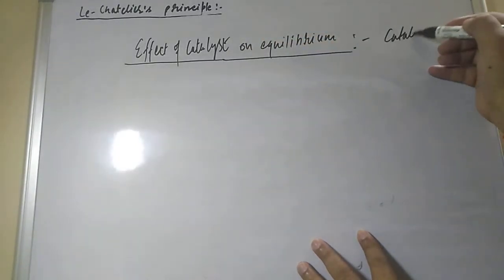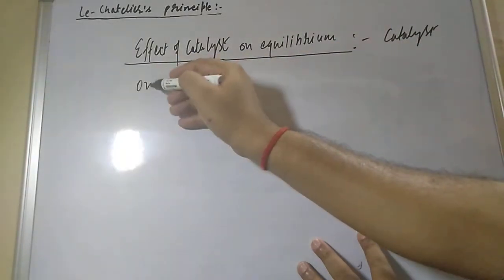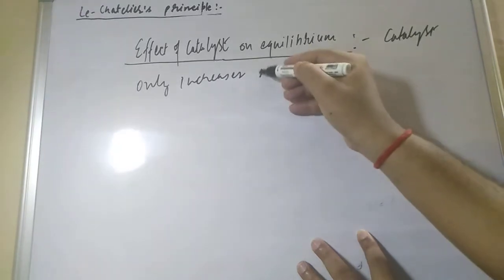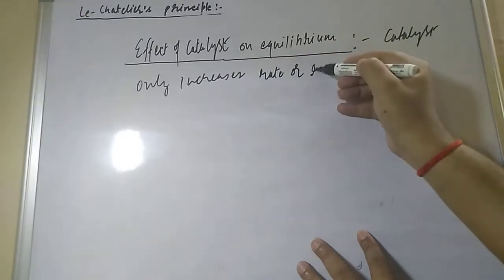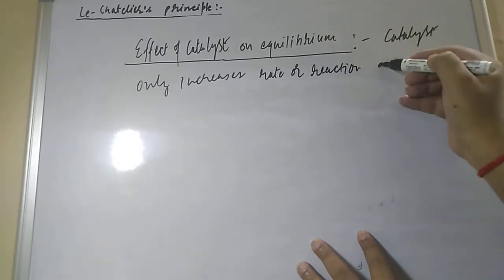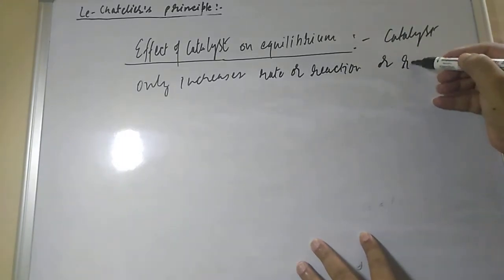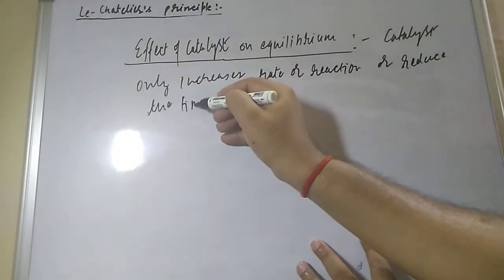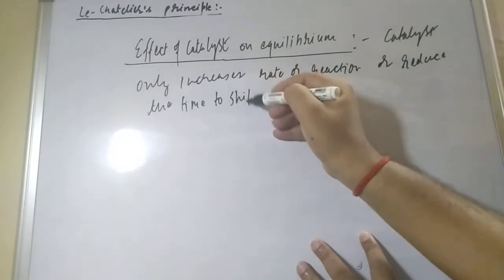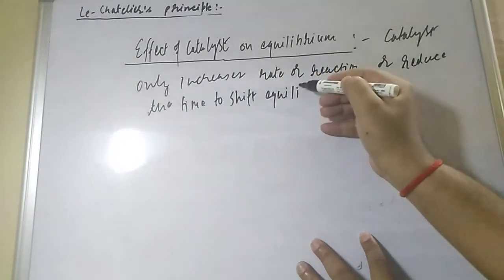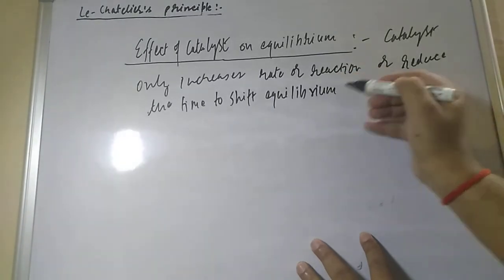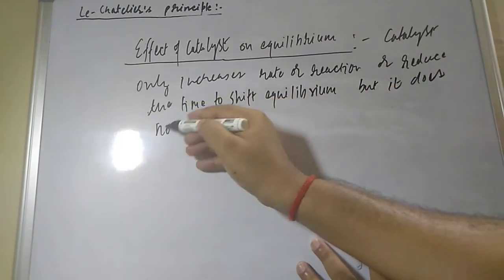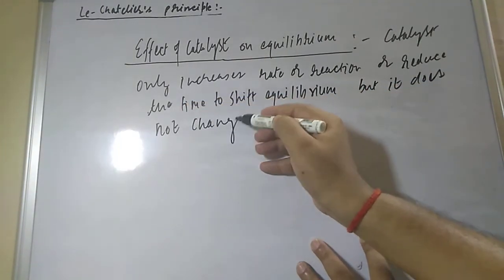A catalyst only increases the rate of reaction, or reduces the time to reach equilibrium, but it does not change the equilibrium.